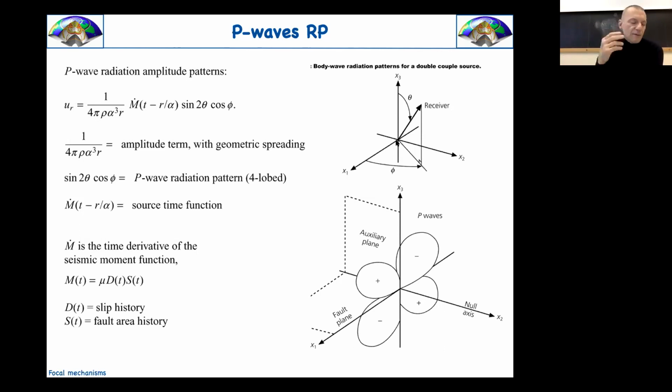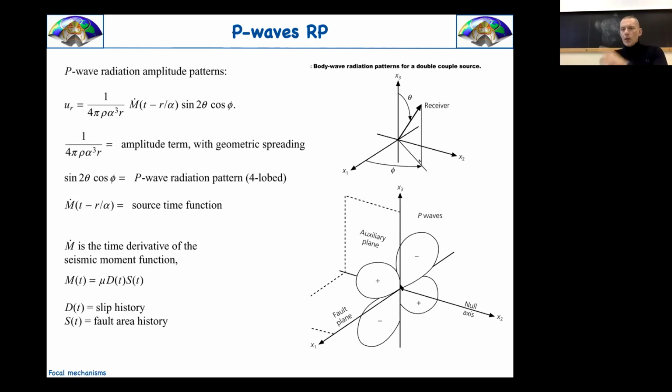We can imagine that they are like longitude and colatitude, like for the free modes of the Earth, but again, the center is not the Earth, it's the source. If you combine this geometrical information, what we are going to get is a 4 lobes radiation pattern like this.